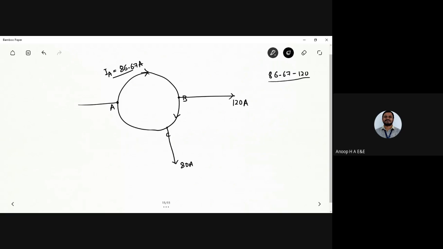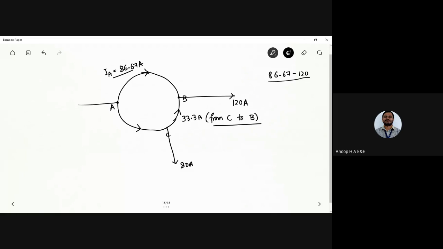This indicates that I have to change the direction of the arrow. So it is 33.33 amperes, from C to B. From C to B, the current is flowing.